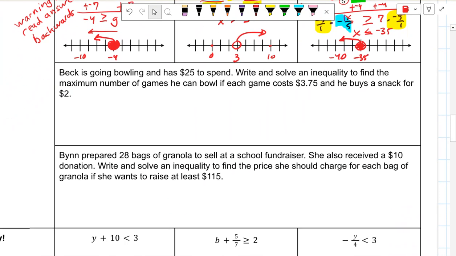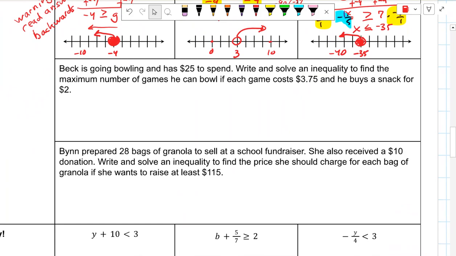Let's try a couple of word problems before you get to try some on your own. Beck is going bowling and has $25 to spend. So Beck only has $25 to spend. And this is what he's spending it on. What's he spending it on? Write and solve an inequality to find the maximum number of games he can bowl if each game costs $3.75.